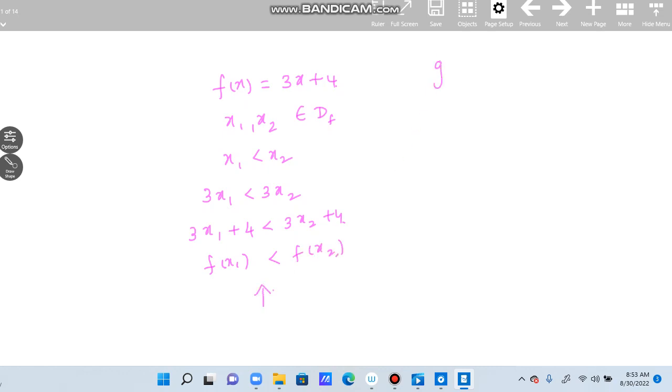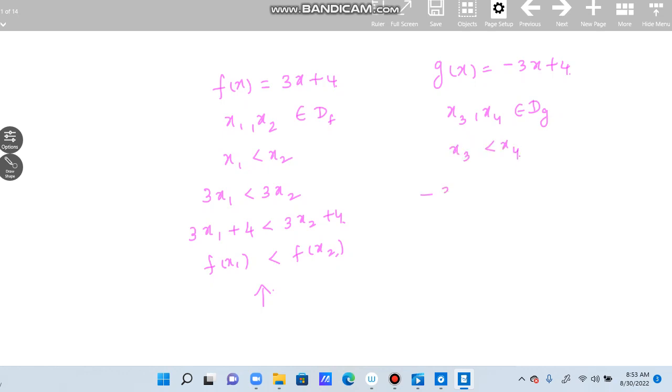Let me choose another function, g of x equal to minus 3x plus 4. I have to now decide whether this is a decreasing function or an increasing function. So again, let me take 2 points x3 and x4 belonging to the domain of g, and let me choose that x3 is less than x4.